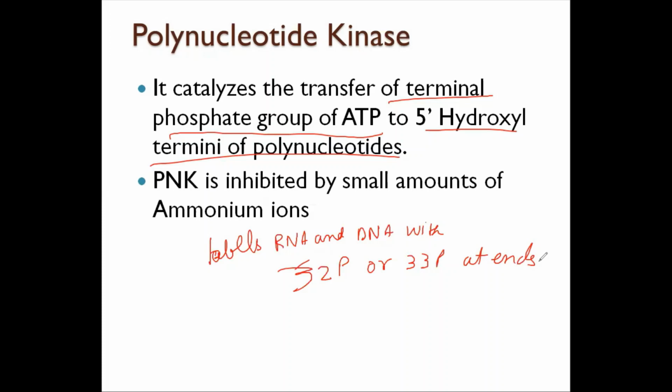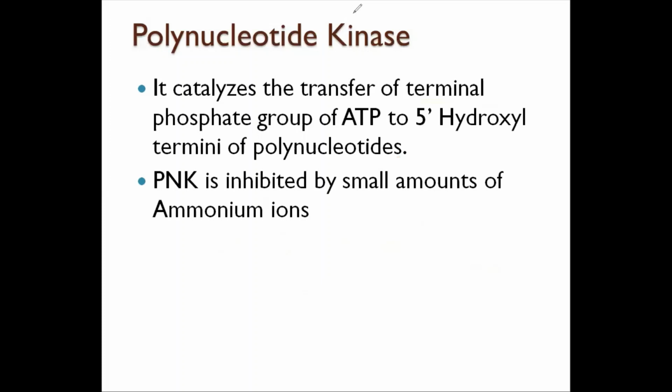The enzymatic activity of polynucleotide kinase is utilized in two types of reaction. One we call the forward reaction. Let's learn about the forward reaction first. What happens in a forward reaction? This is our 5' OH 3'.